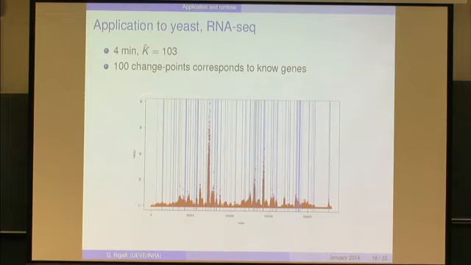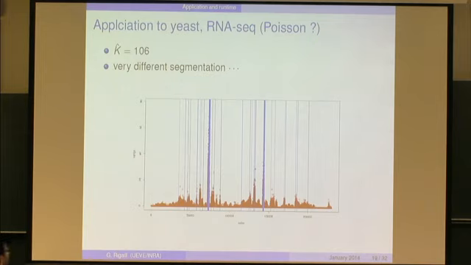And so here we have a bit more than 10 to the power 5 data points, and with this generic implementation, we get a 4-minute runtime to process this data with k max equal 500. And we recover a segmentation in 100 change points using the penalized criterion that I just described. And the good thing here is that essentially all those breaks more or less correspond to known genes. So they are somewhat validated by our biologist colleagues.